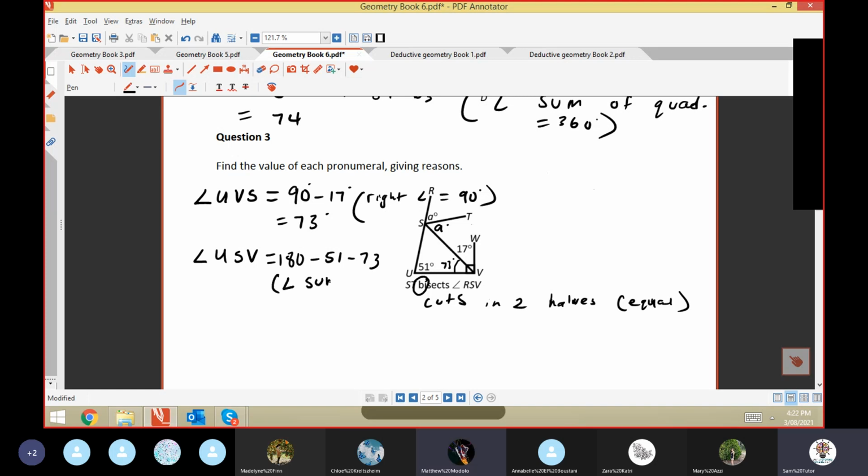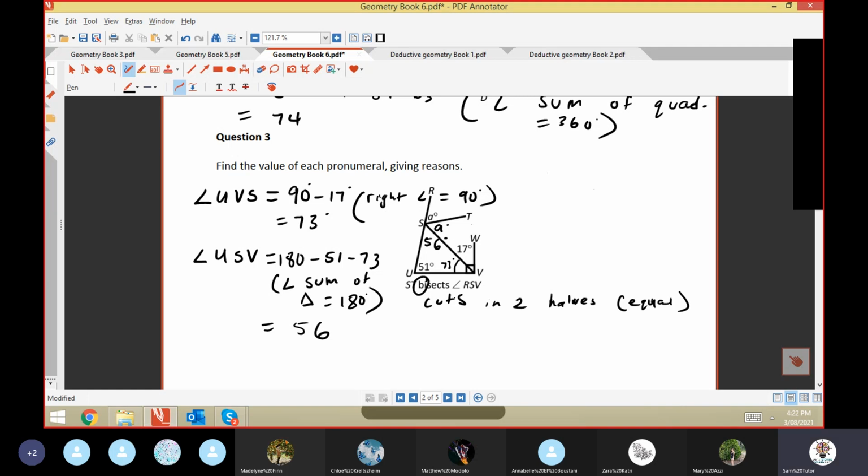Angle sum of a triangle equals 180. What's the answer to that? 180 minus 51 minus 73. It's 56.